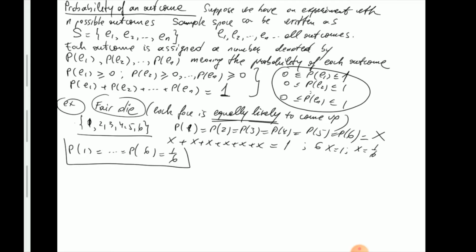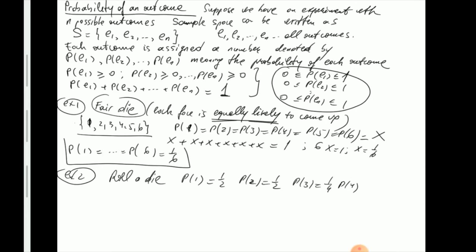If someone says, let's call this example 2, you roll a die, and someone says the probability of having 1 is 1/2, probability of 2 is 1/2, probability of 3 is 1/4, probability of 4 equals 0, of 5 equals 0, of 6 equals 0.